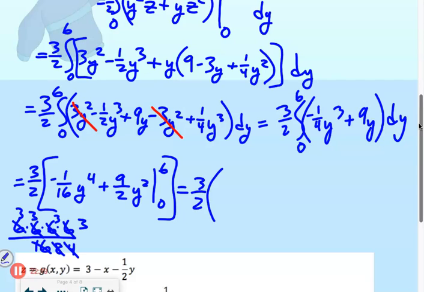Okay, so negative 81 plus 9 times 18. 162. Minus 0. Oh, so it's just 81 times 3 over 2. So 243 halves.